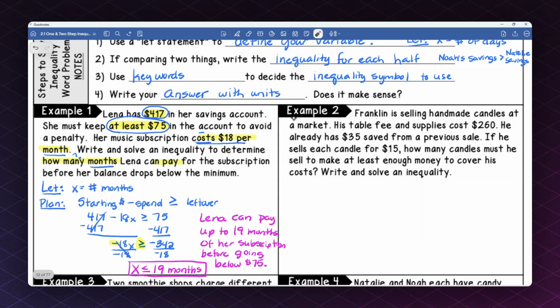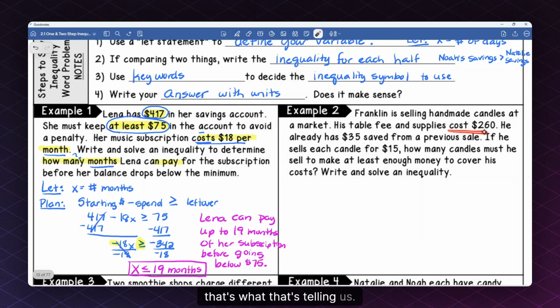Okay, let's look at example 2, and I'm going to read over it, and then I'm going to go through and try to figure out what does everything mean here. So it says Franklin is selling handmade candles at a market. His table fee and supplies cost $260. So this means to be at the market cost him $260 before he's made any money at all.